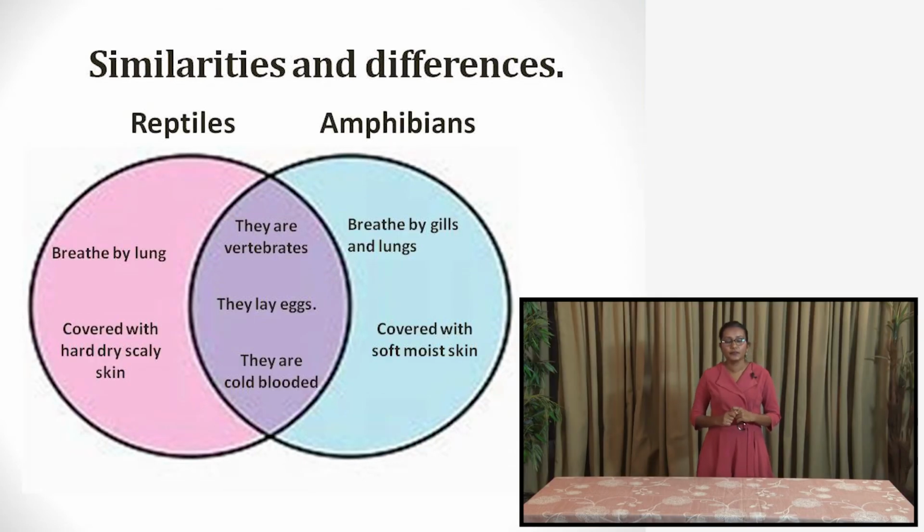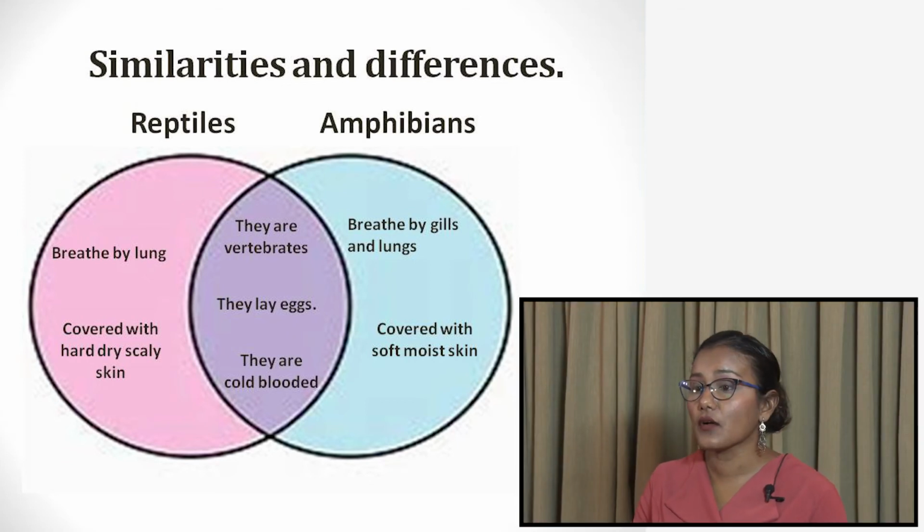All right. Did you get these answers? Very good. Now, the common characteristics between reptiles and amphibians are they are both vertebrates. They lay eggs and they are both cold-blooded.